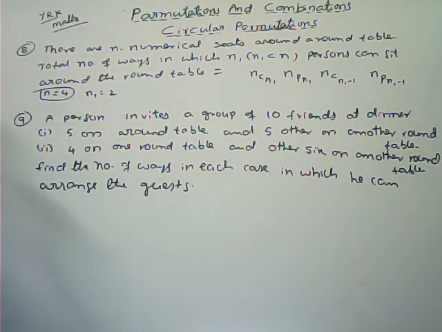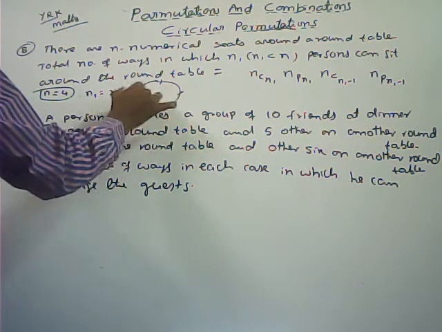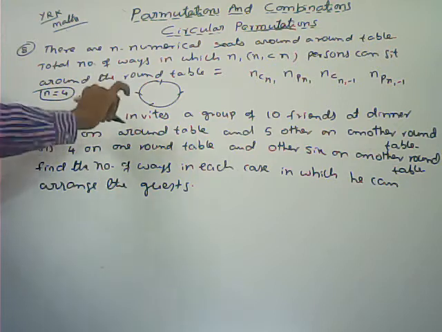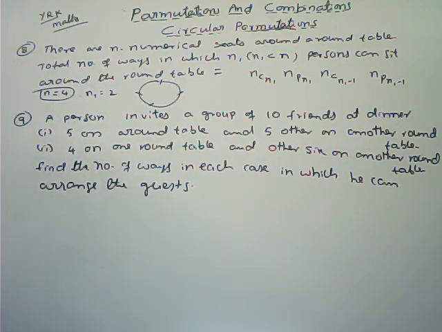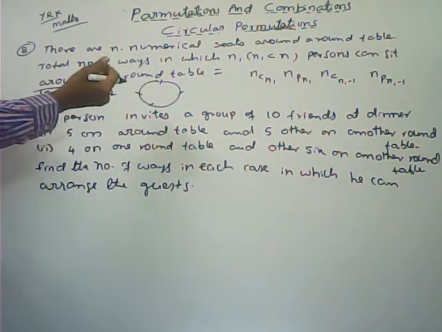So here we can see total 1, 2, 3, 4. 4 seats are there. But here 2 members we can arrange. In how many ways? There are n numbered seats around a round table. Total number of ways in which n1 persons can sit around the round table. So here total 1, 2, 3, 4 are there.